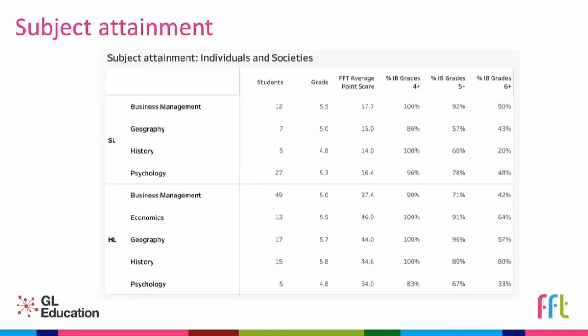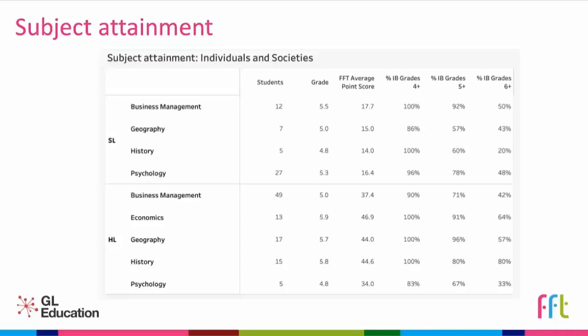The final level of reports that we provide to schools is drilling right down to having a look at the individual subjects. And clearly there are a large number of subjects. So for this particular report, you will need to choose a subject group. So in this example, we've got the subject group for individuals and societies.